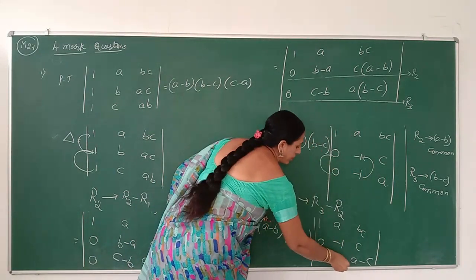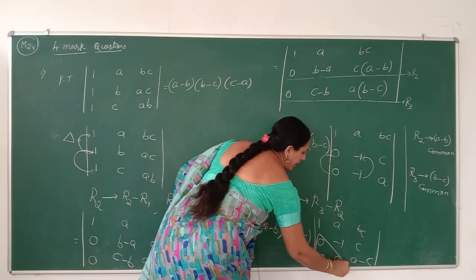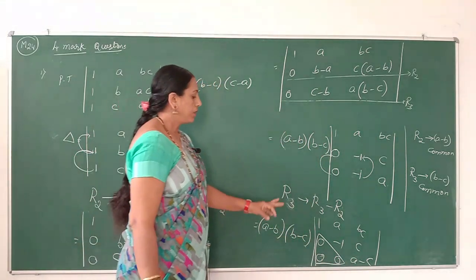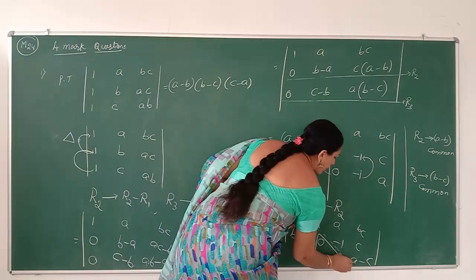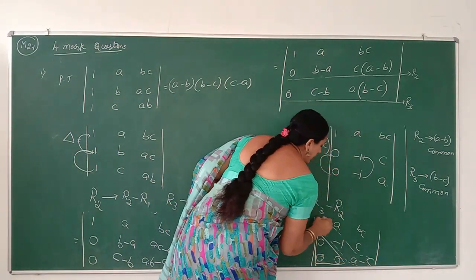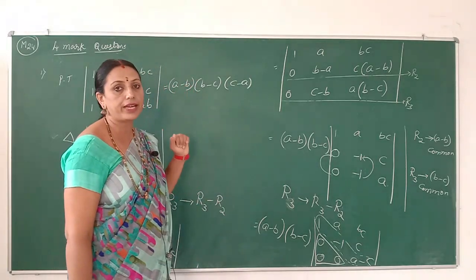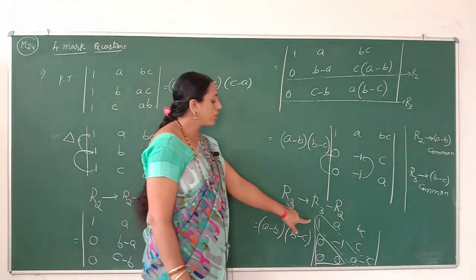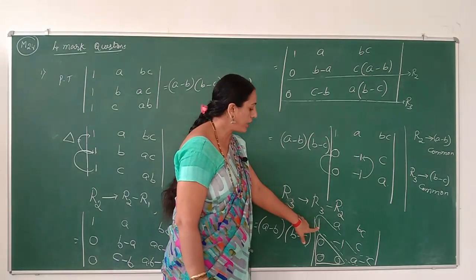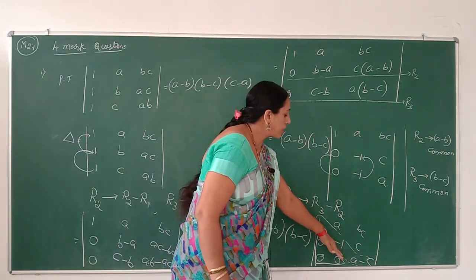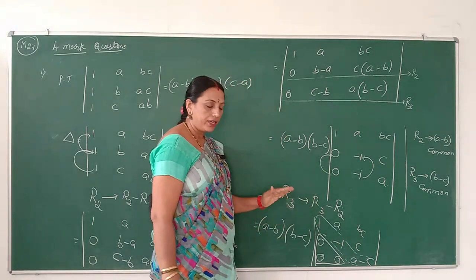So we observe that one side of the diagonal elements will be 0. Therefore, by using the last property of the determinant, the value of the determinant is the product of the diagonal elements. Now what are the diagonal elements? 1, minus 1 and a minus c. The product is the value of the determinant.